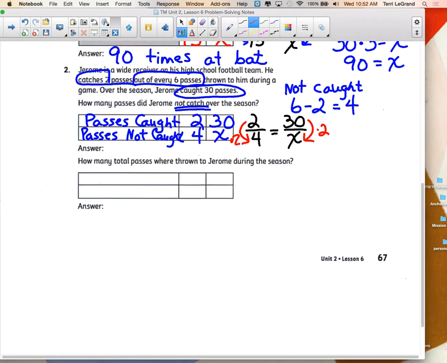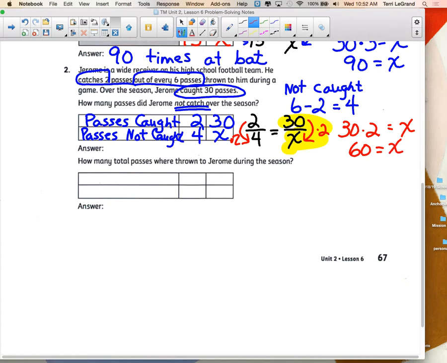Harley? 30 times 2 equals X. Okay, good. And 30 times 2, class is? 60. So 60 equals X.